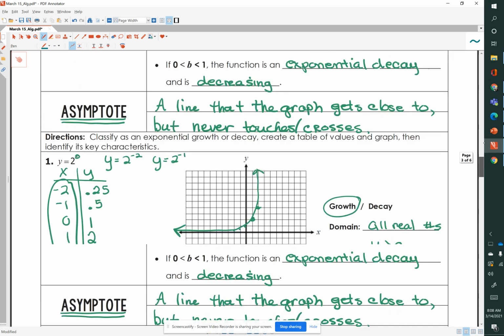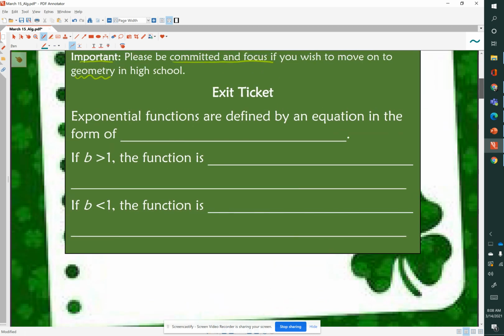Let's go back to our exit ticket so we can kind of wrap up what we're doing here. So exponential functions are defined by an equation in the form of y equals a times b raised to the x power. Now let's look at that b. If b is greater than 1, the function is exponential growth, and the function is increasing.